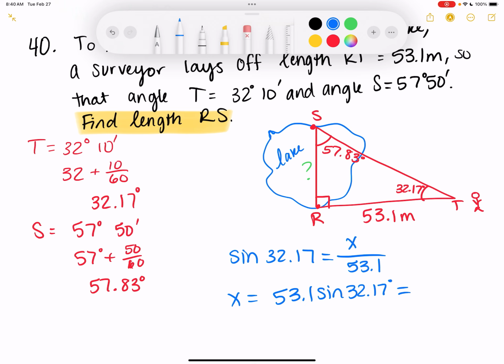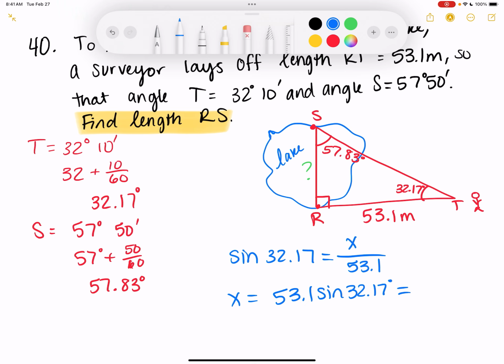I just guessed, so it's not my fault. Wait, what happened? What did we do wrong? Sine is what? Sine is opposite over hypotenuse. But we don't have the hypotenuse, so what should I use instead?